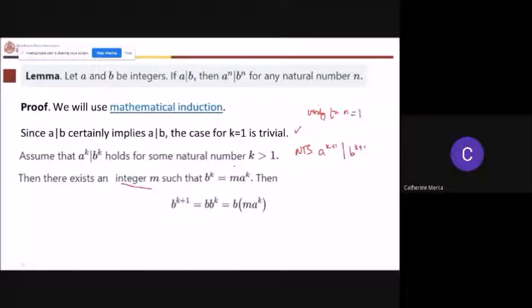Multiplication property of equality. Di ba? You can do that. So from here, what we do is multiply the same value. You have b^k times b is equal to m a^k times b.